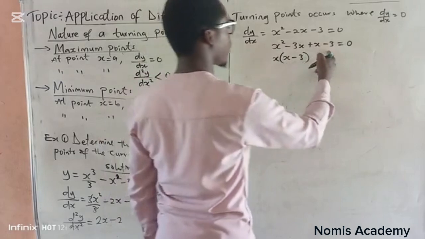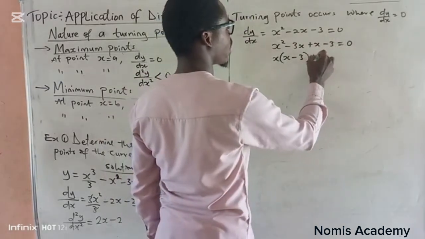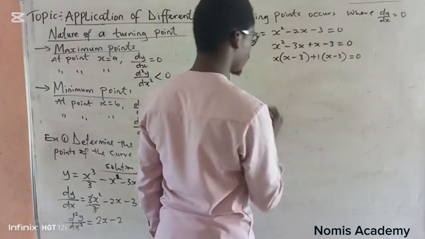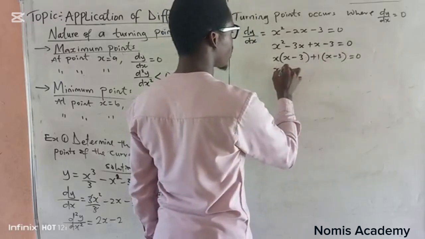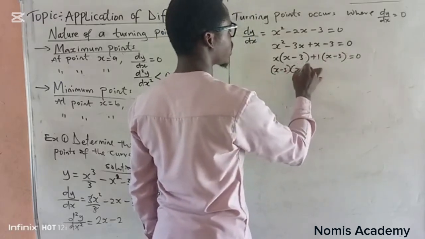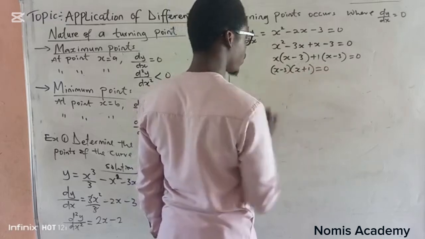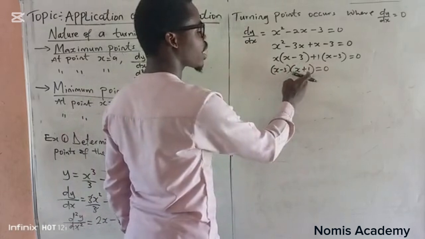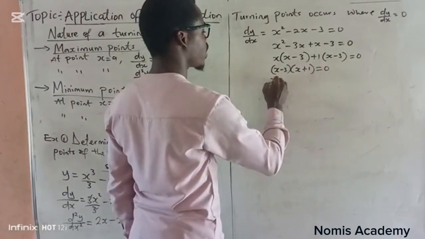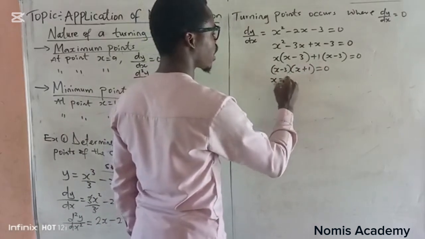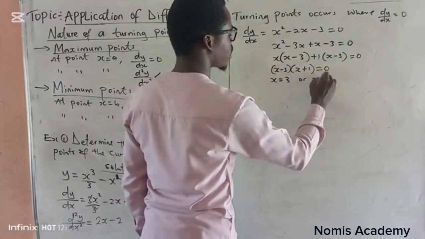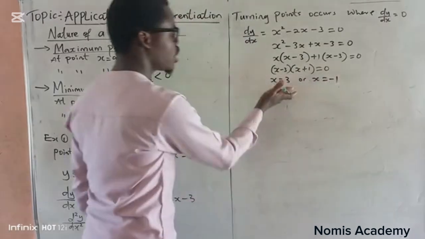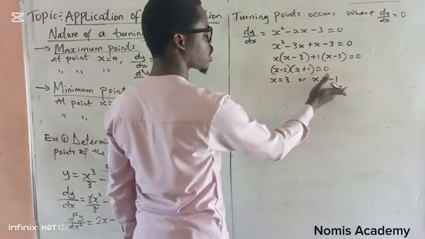We do the same thing here: 1 is common, so we write plus 1 times x minus 3, equal to 0. So finally we have x minus 3 and x plus 1 equal to 0. When you equate these two linear factors to 0, we have x equal to 3 or x equal to minus 1. So these are the turning points.